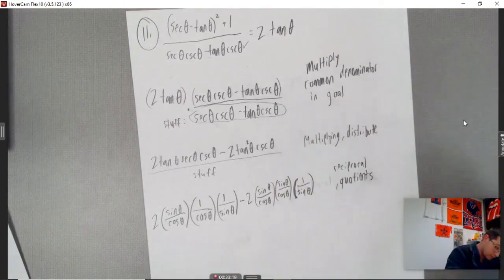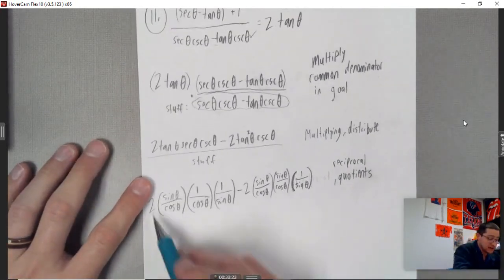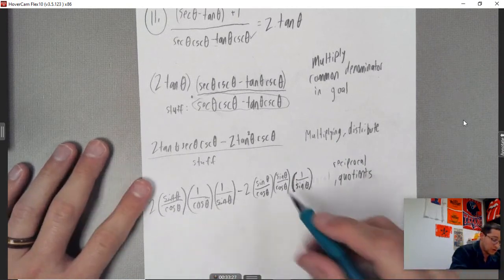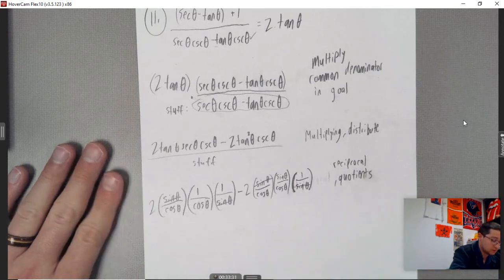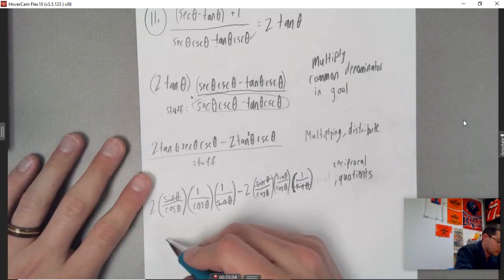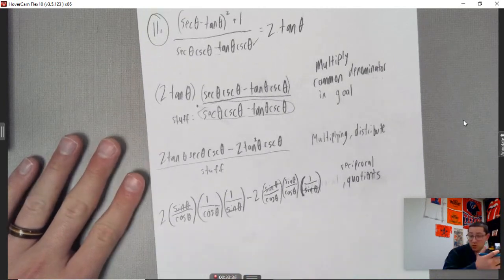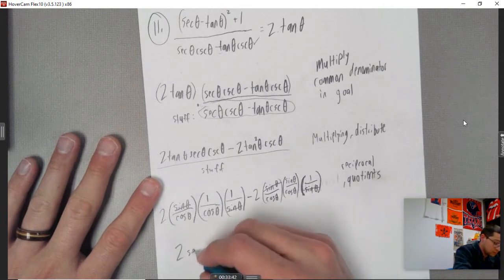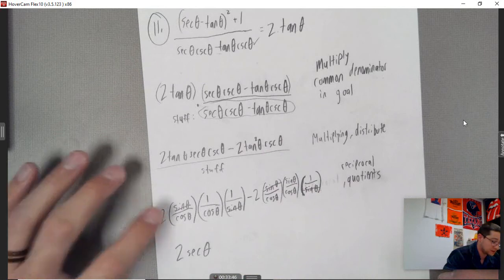All right, from here, let's cancel everything that we can. On this side, I've got cancellation there, cancellation there. Over here, cancellation here, cancellation here. So let's rewrite what we have. We now have 2 over cosine of theta. Are we cool if I write that as secant? 2 secant theta. That's it over here.